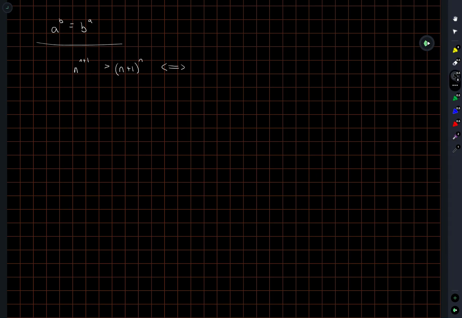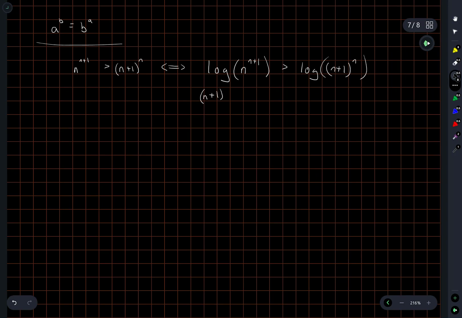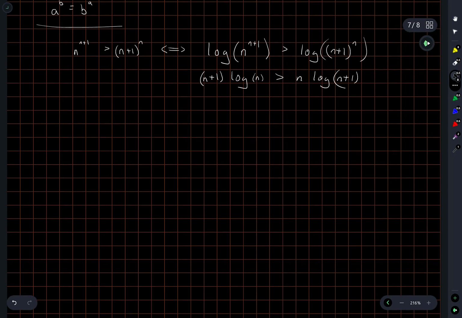So I can write the thing we're trying to prove is the same as this. And by some rules of logarithms, this is the same as n plus 1 log n greater than n times log of n plus 1. And now I'm going to rearrange this equation.